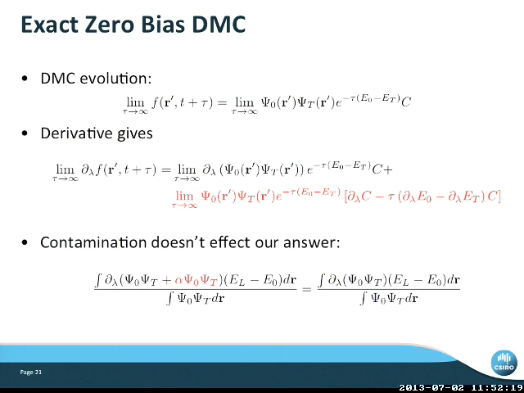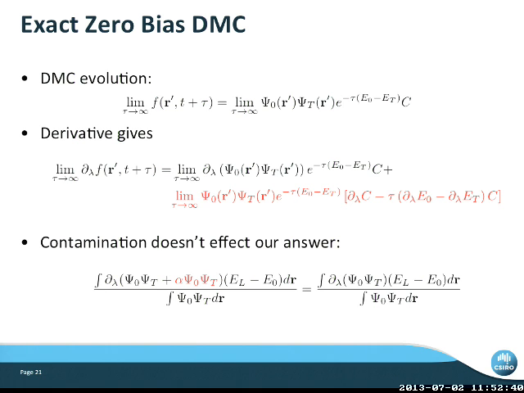So we have the next question of how exactly are we going to do this exactly? Well, we already know that DMC gives us something in the limit as tau tends to infinity that's proportional to the mixed distribution. So why don't you just differentiate everything manually and see what happens?